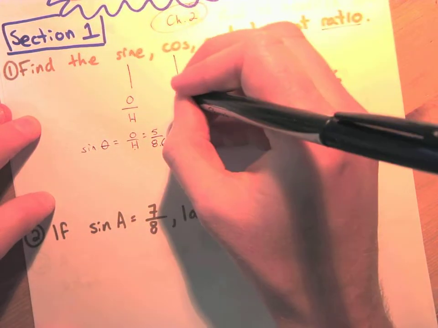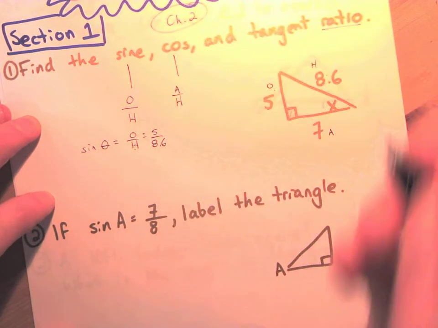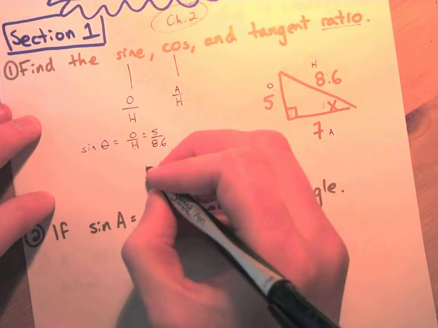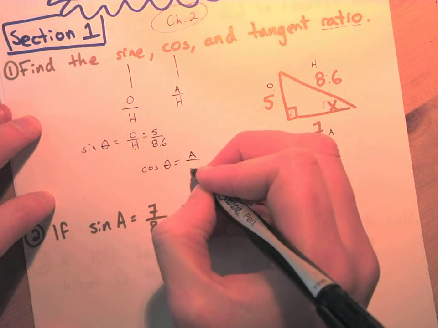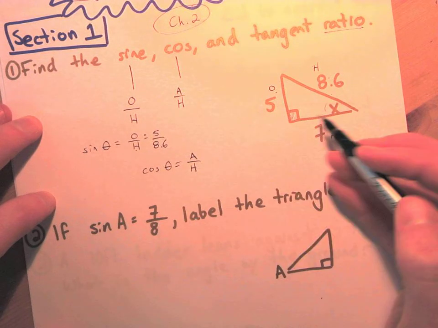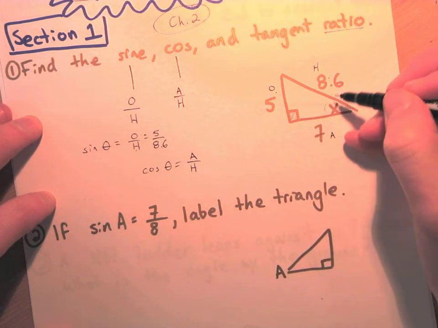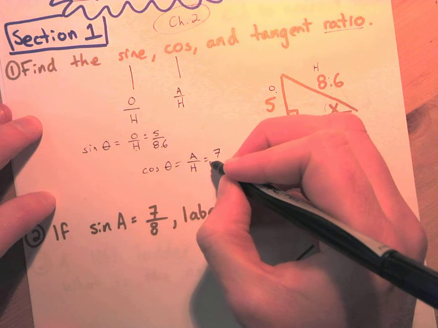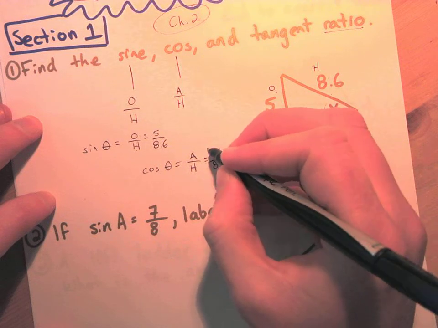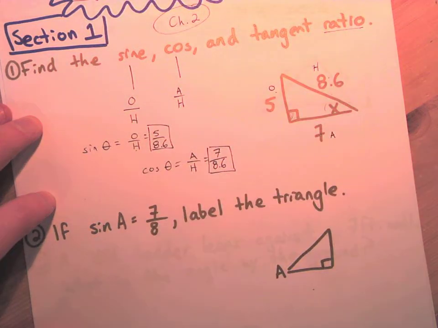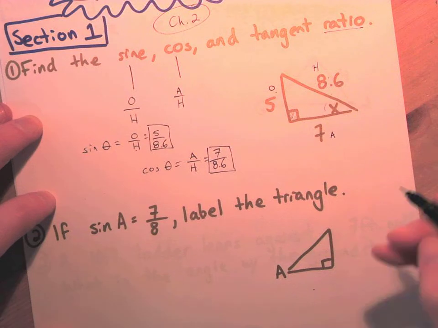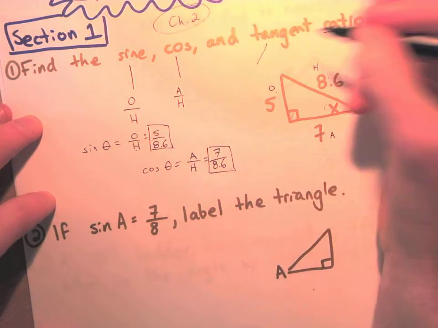So cos here is A over H. Very similar. Let's write it in a standard equation form. Cos theta is A over H. So let's look for A over H: 7 over 8.6. So that is our ratio there. And last of all, we want a tangent ratio.